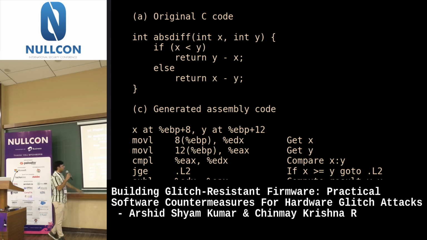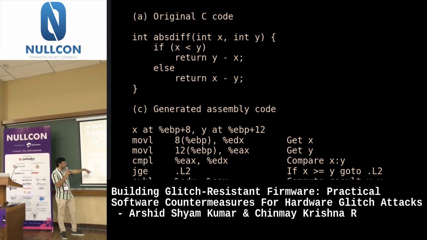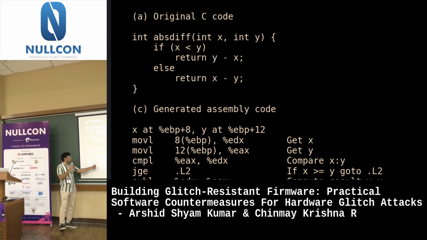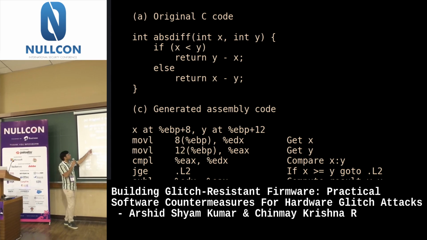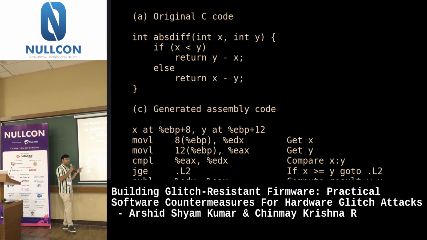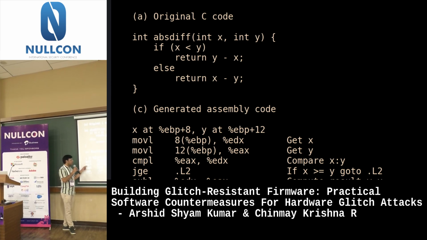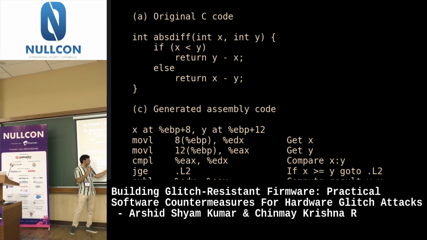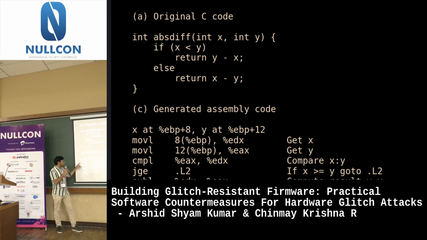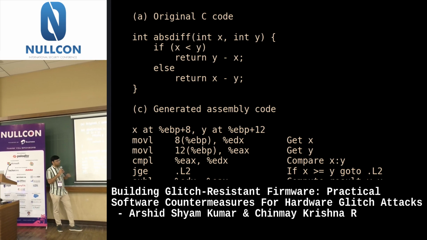Here is where we need to talk about skipping the instruction. We cannot talk about it at the C level, because the processor will be executing the assembly. So when you say the glitch is able to skip the instruction, it is at the assembly level that you are skipping the instruction.